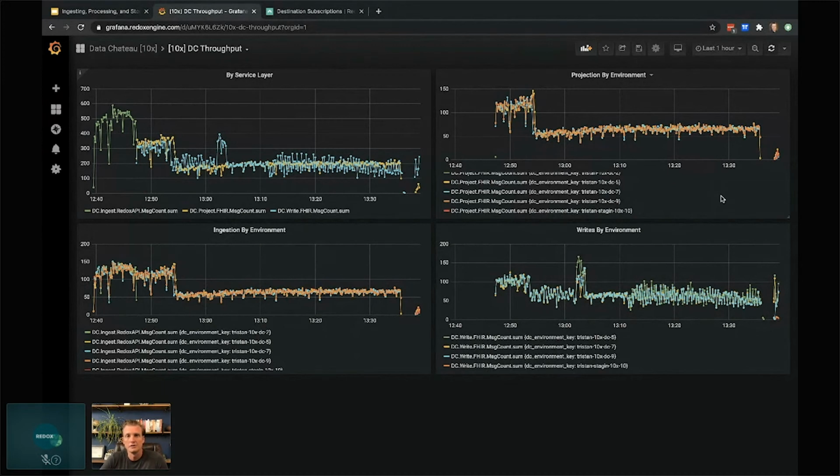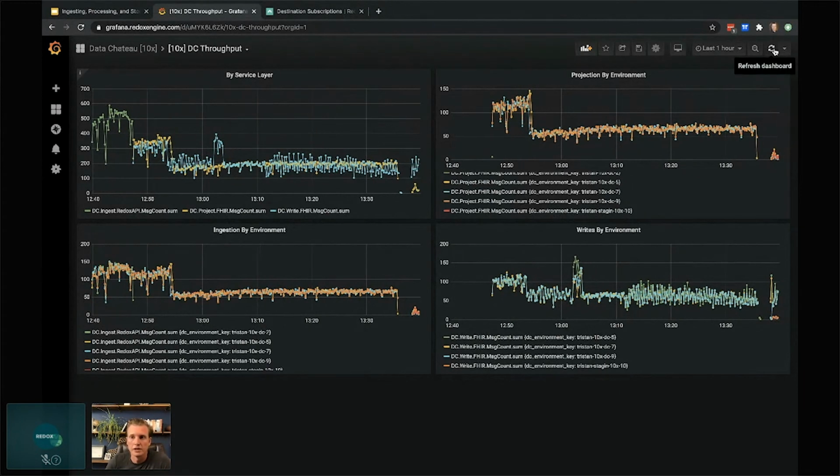Essentially, you could think about it as 5 different health systems sending 10,000 patient admin events to Redox all at once. All of that is being ingested, normalized, and persisted into our data on demand ecosystem and made available for query for any of our customers that have integrations set up with those health systems.